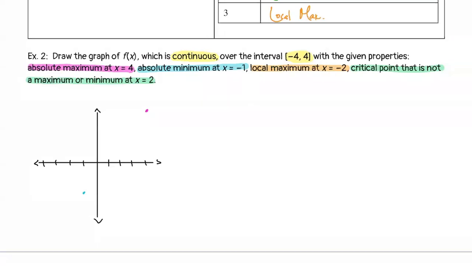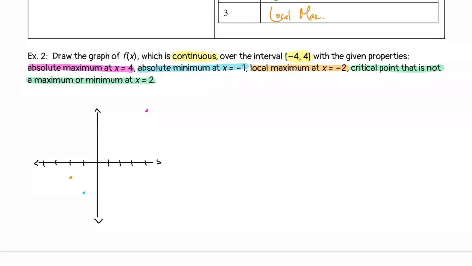Well, we have this local maximum at x equals -2. That just has to be the top of a bump, and it should be higher than that blue point. So maybe I put it somewhere here. All right. And then I'm going to mark off this last special point, the critical point.